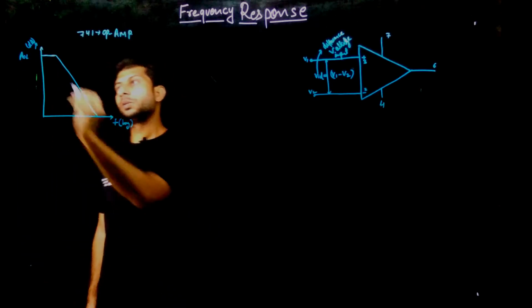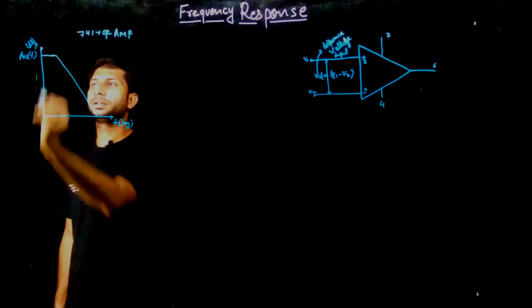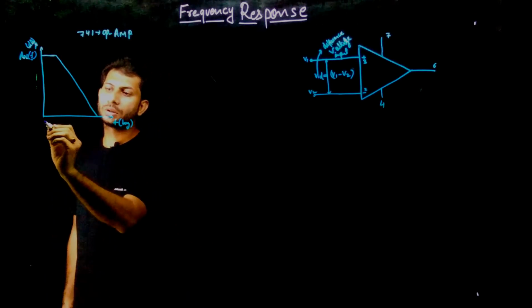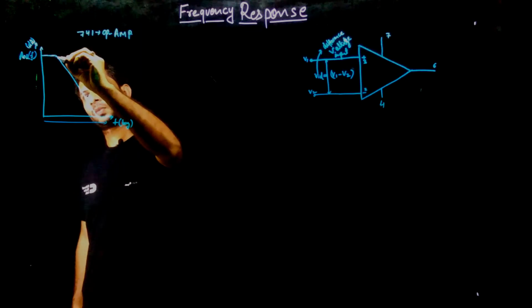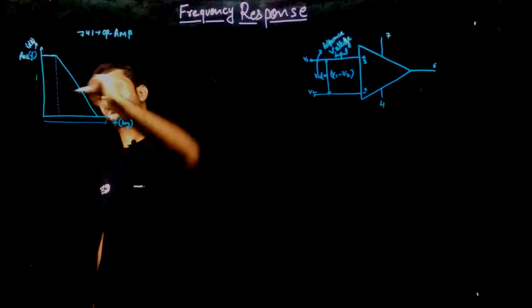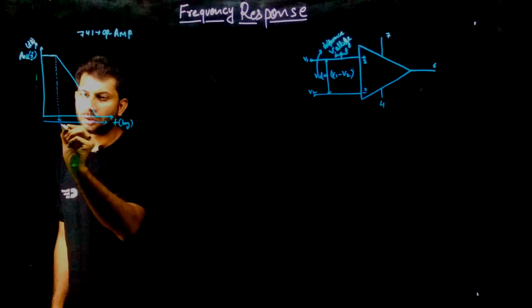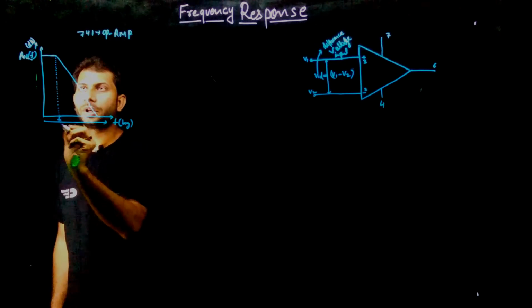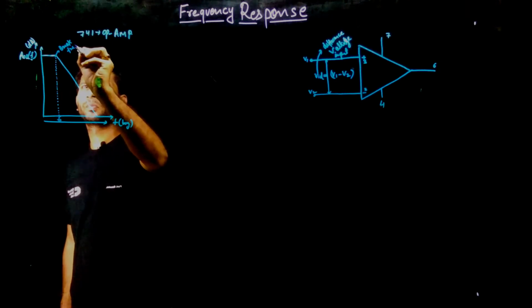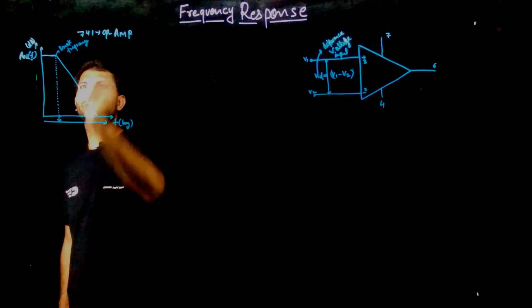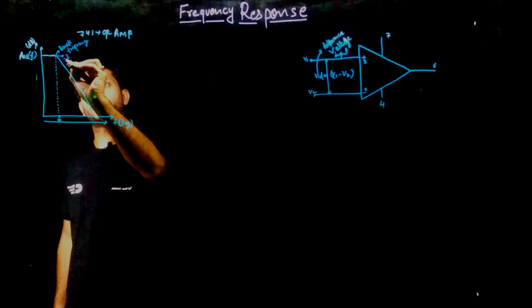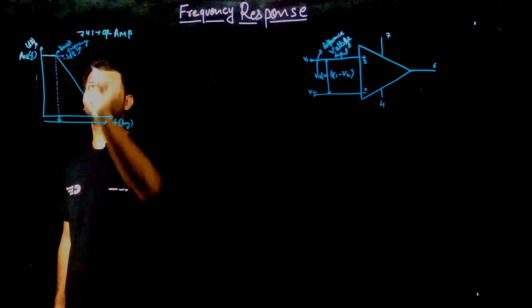Now what we have to derive is that this is a function of frequency. That means if we increase the frequency at the input side of the op-amp, this is F0, or the break frequency, or you can say that this point is the minus 3 dB frequency.